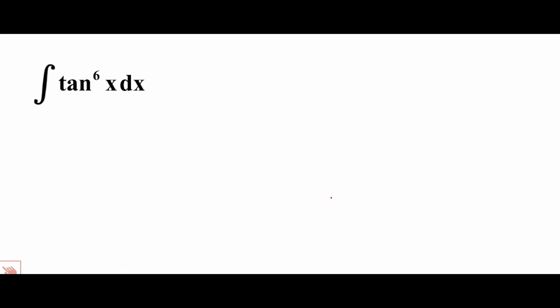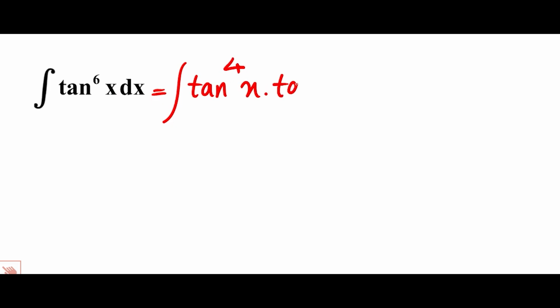Now the integral of tangent to the sixth x dx. So we have the integral of tangent to the sixth x dx equals the integral of tangent to the fourth x times tangent squared x dx. Now replace tangent squared x by secant squared x minus 1.